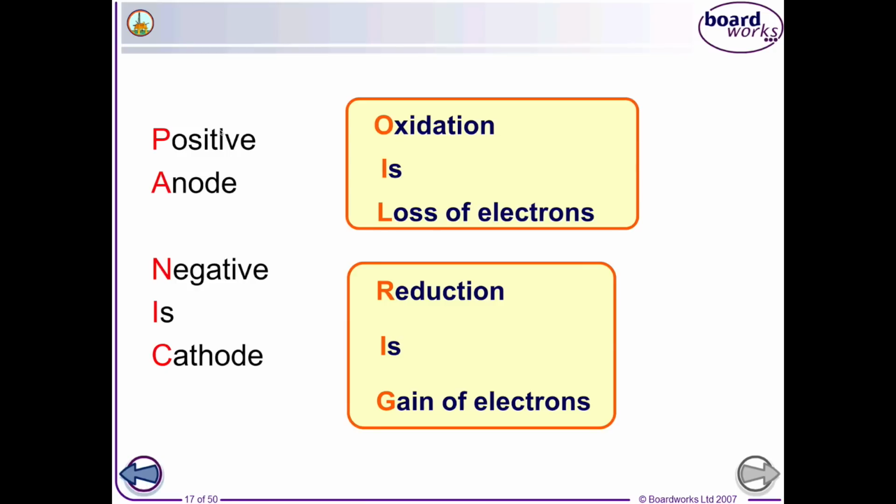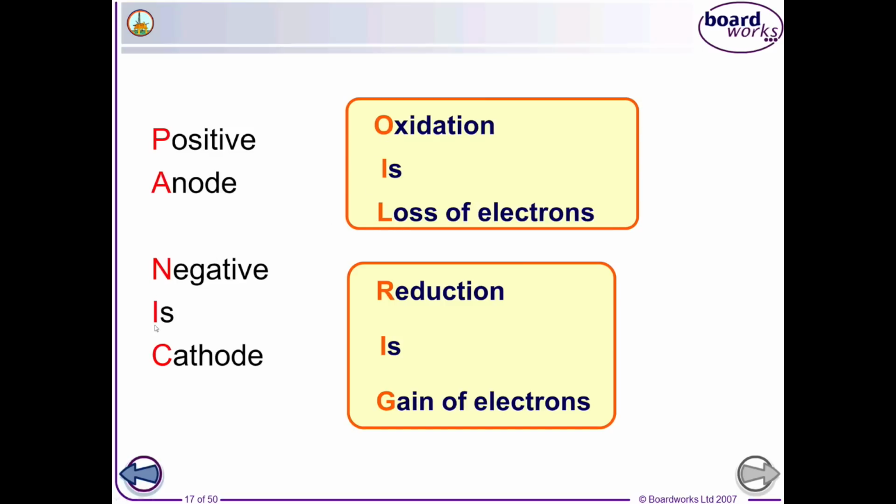Right, a good way to remember where oxidation and where reduction occurs is to use this little structure that I've got on the screen now. What I do is I write the phrase PANIC down the left, and I write the phrase OIL RIG down the right hand side. And what happens is PANIC: positive is anode, negative is cathode. So at the positive anode, oxidation happens and loss of electrons happens.